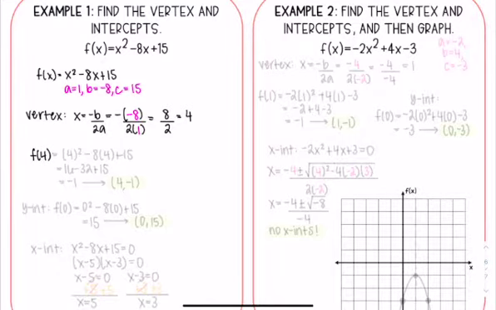So we're looking for f of 4. That's 4 squared minus 8 times 4 plus 15. And so this gives me 16 minus 32 plus 15, which is going to give me negative 1. So our vertex is the point 4, negative 1.